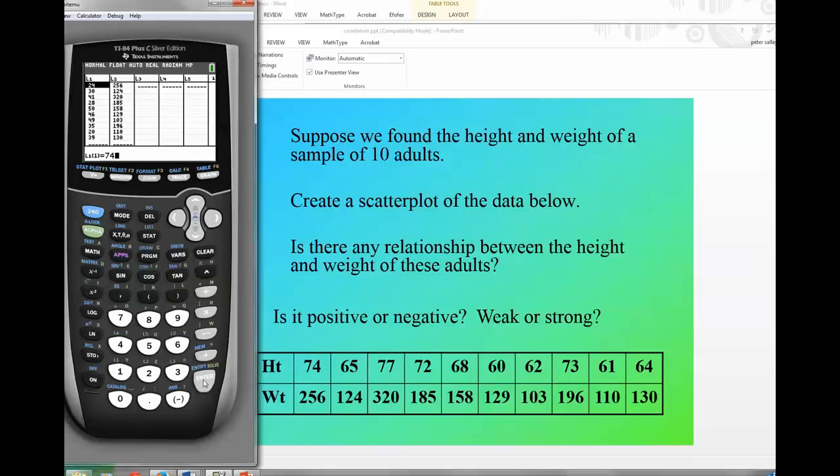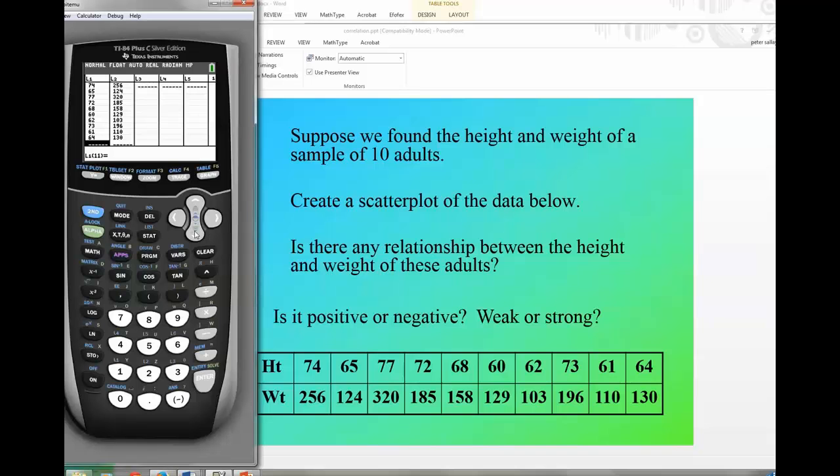So 74, 65, 77. Technically, you can clear out the two lists and start from scratch, but we're just modifying this. So let me pause this so you don't have to watch me type all these.